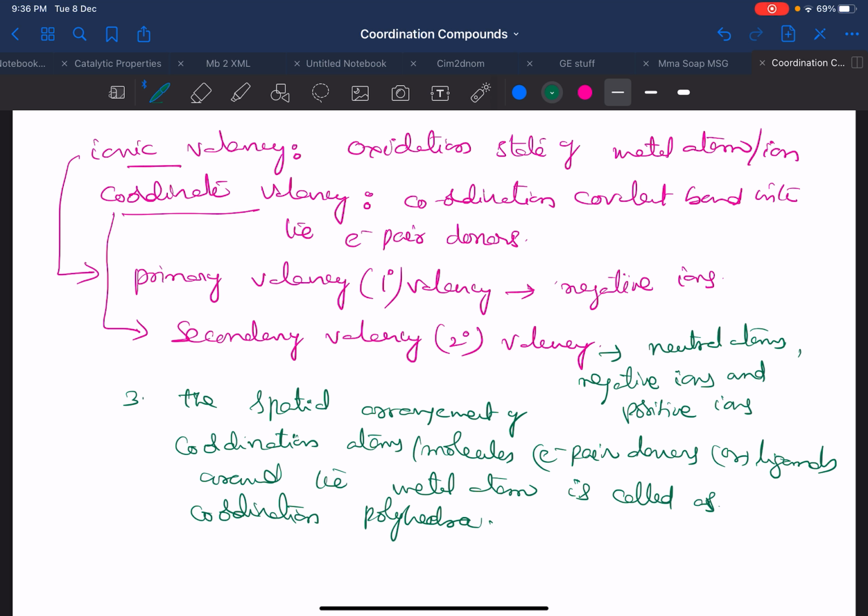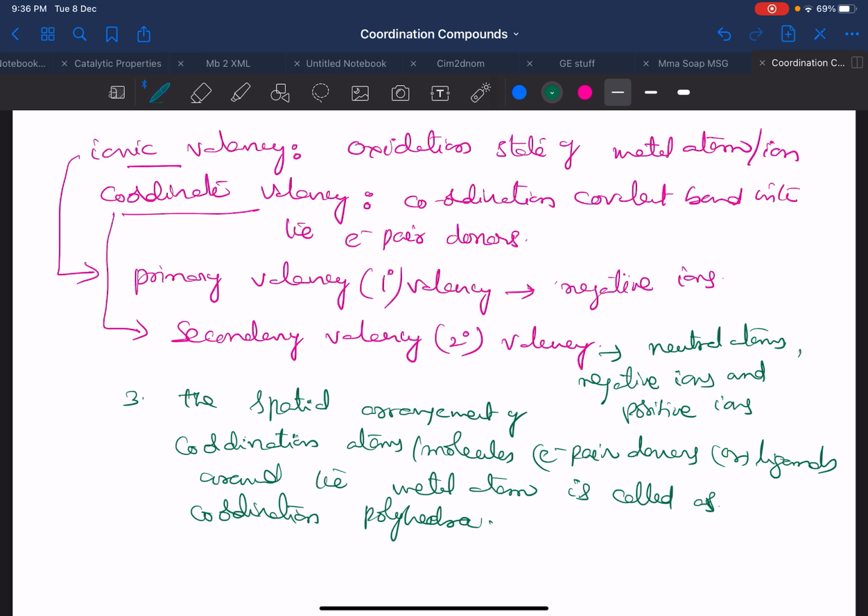So depending on the coordination numbers, the structure of coordination complexes will also depend on the number of ligands, or the coordination number.